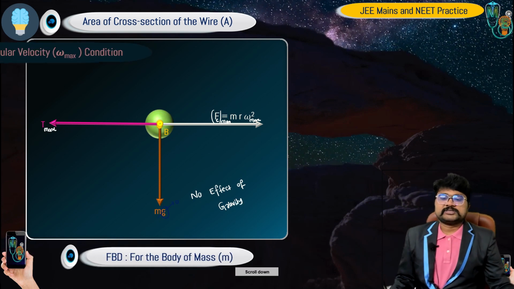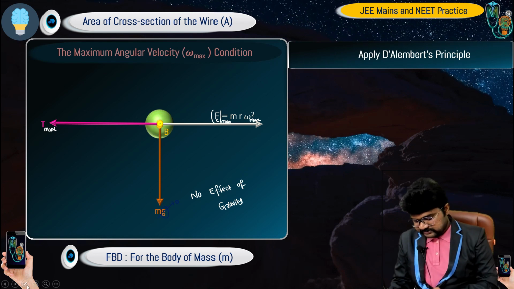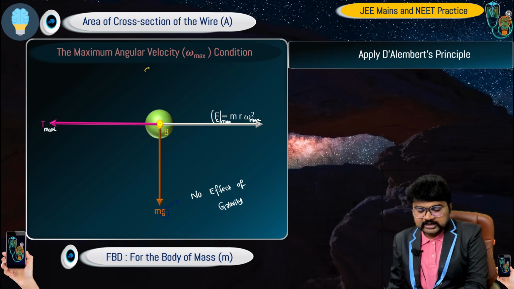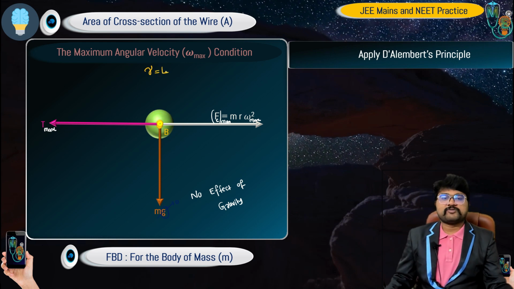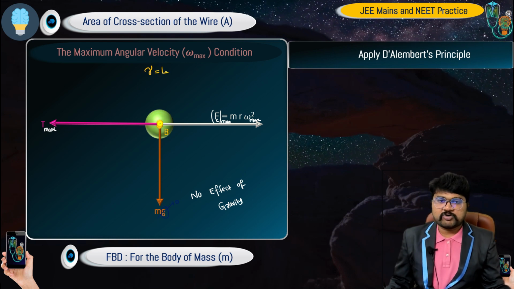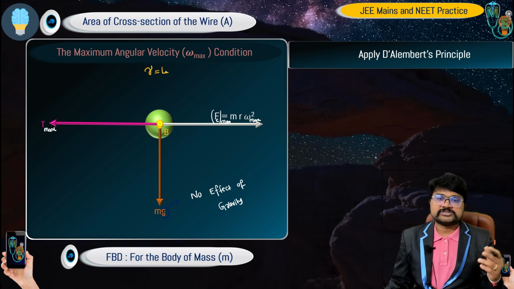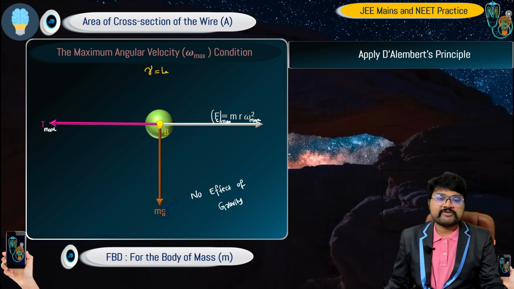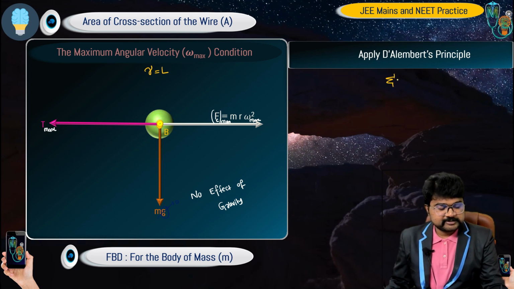Now, see this free body diagram, we can apply D'Alembert's principle. Here R equal to L. So the centrifugal force is represented in the free body diagram. That means the dynamic problem is converted into a static problem.